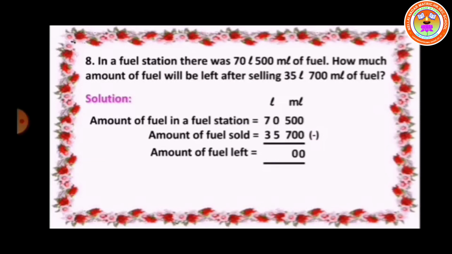Here also is 0, so we borrow from the previous digit 7. 7 becomes 6, 0 becomes 9, 5 becomes 15. 15 minus 7, 8, 9 minus 5, 4, 6 minus 3, 3. So the amount of fuel left is equal to 34 liter 800 milliliter.